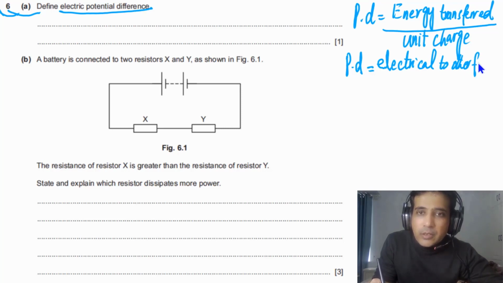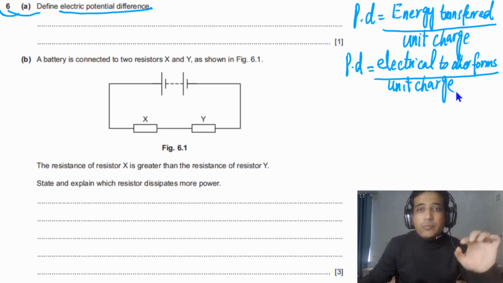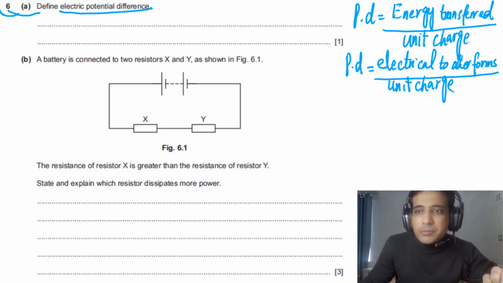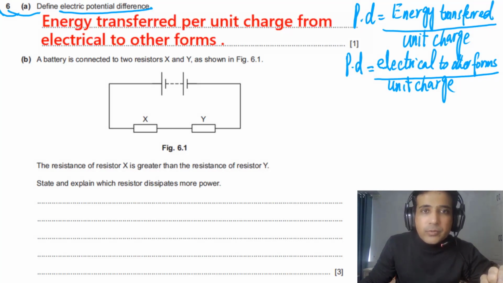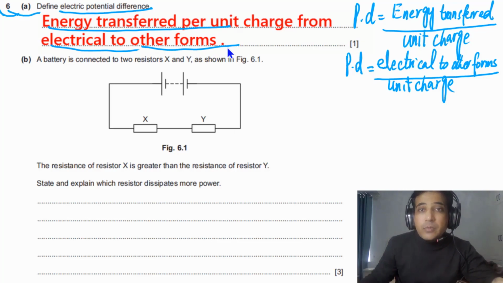This is what you need to write down for the answer. You can say energy transfer per unit charge from electrical to other forms. So you will get 1 mark.